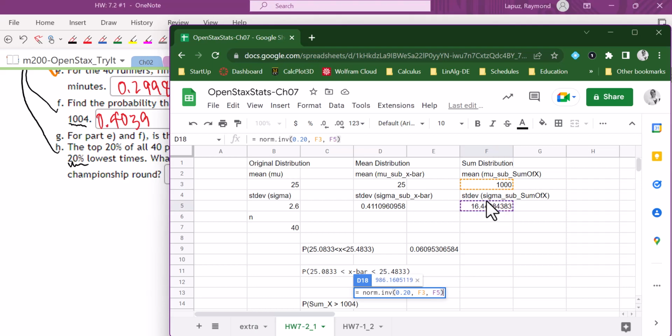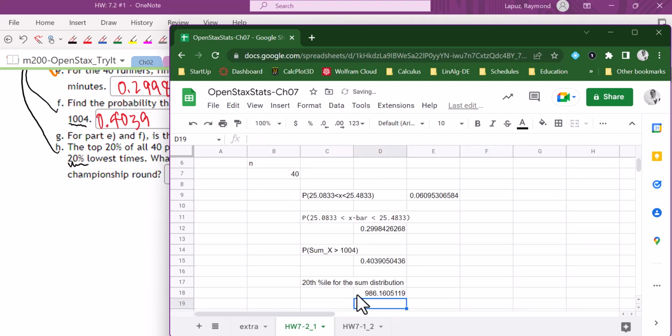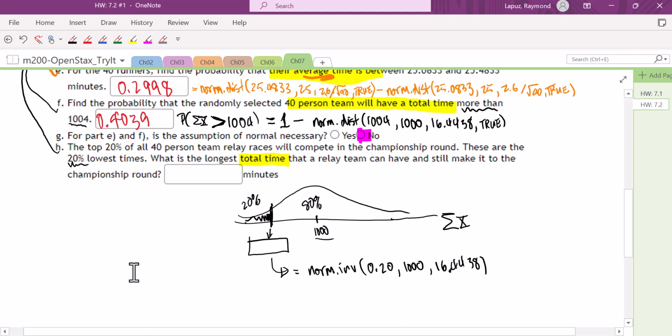And then we'll press enter, and we get 986.61605. So 986, which I think was about the anticipated value. So 986.61605.